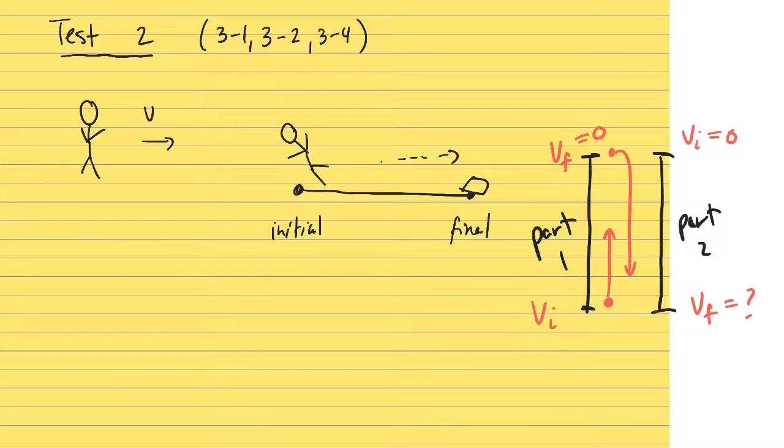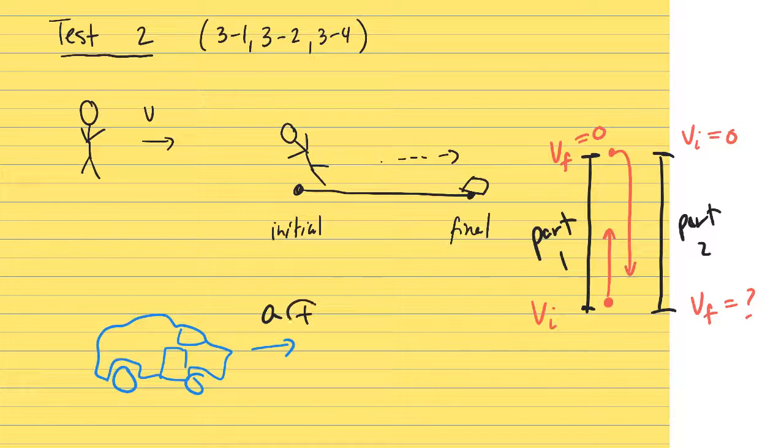Let's say that a car, my artwork is terrible. Okay, there's a car. Let's say that's a door and there's a windshield. So the car is going to the right. It's fine. Now, listen. The car is accelerating with positive acceleration.